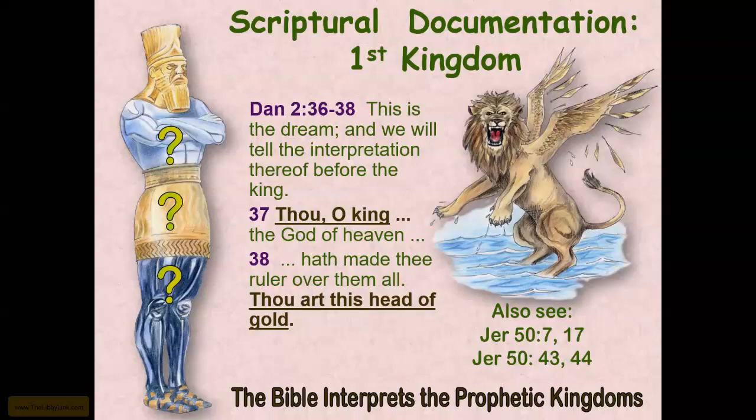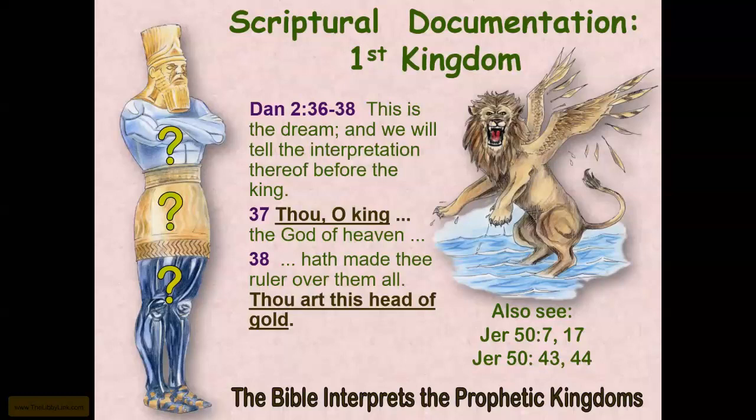Babylon scriptural documentation. In Daniel 7, the first beast is a winged lion. Can someone read Daniel 2:36 through 38 there? This is the dream, and we will tell the interpretation thereof before the king.